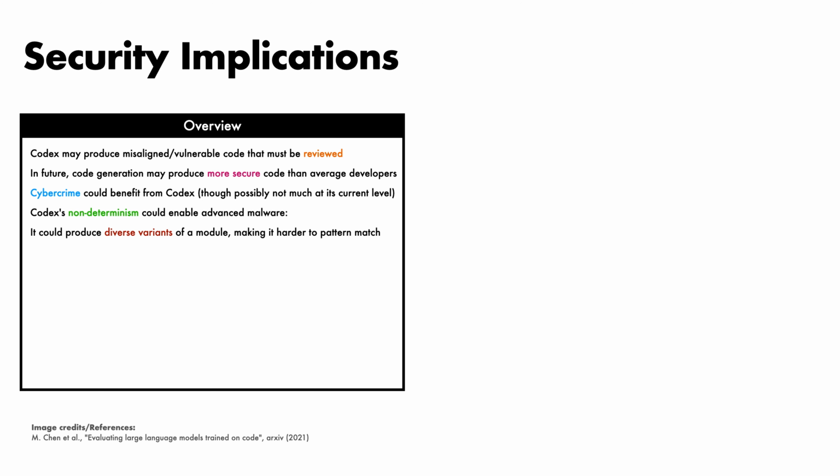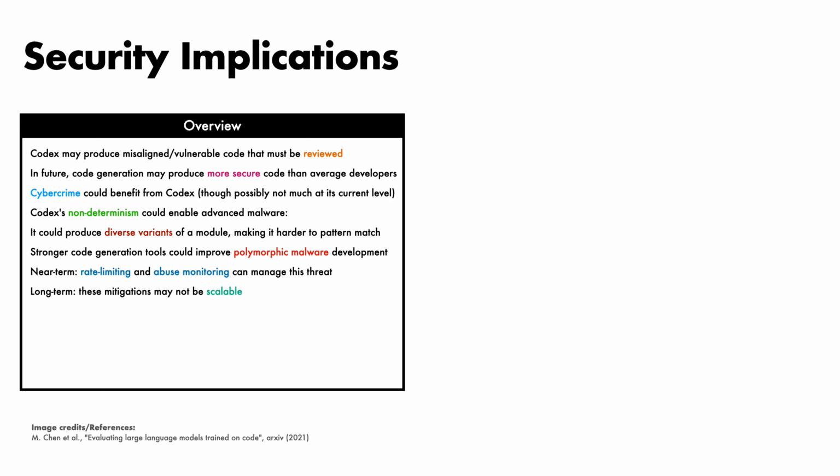As one example, stronger code generation tools could improve polymorphic malware development, malware that changes its implementation while still performing the same task. In the near term, the Codex authors suggest that strategies such as rate limiting and abuse monitoring should allow this threat to be managed. But these strategies are unlikely to scale up effectively in the long term.